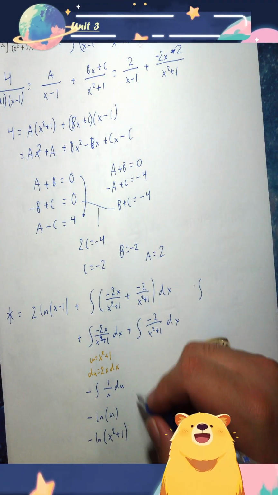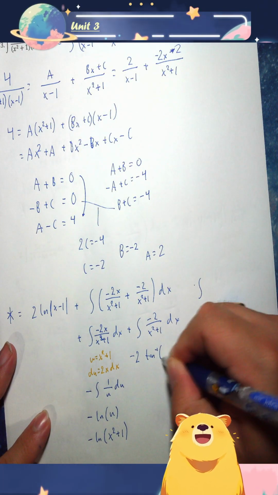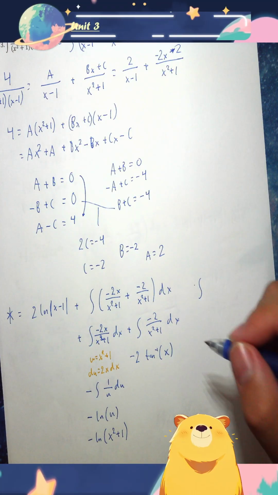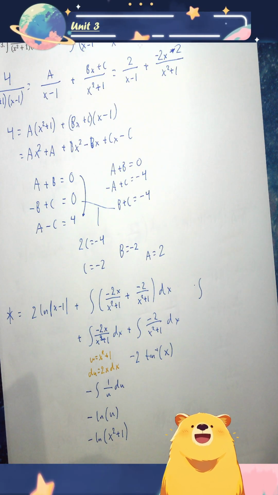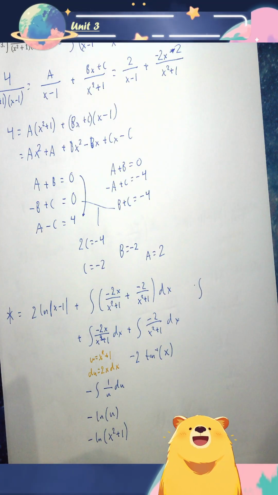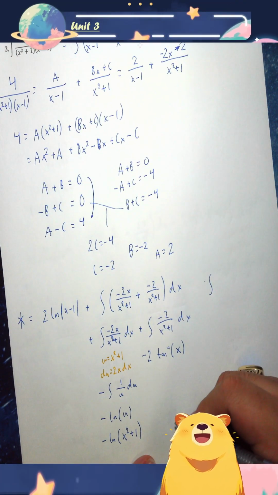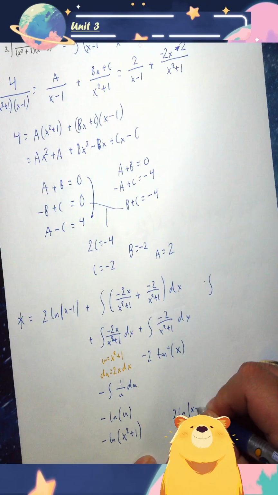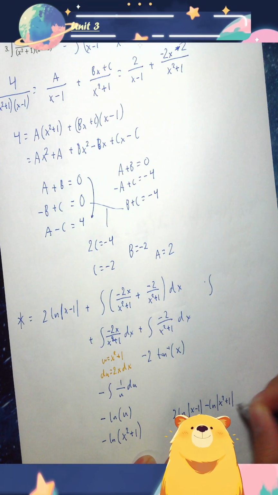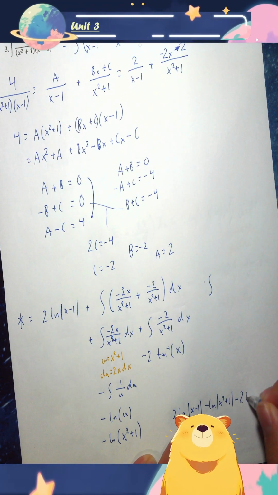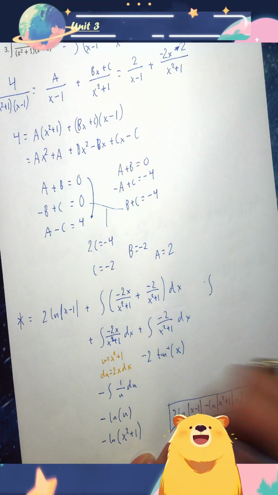So we have simply just -2 tangent inverse of x. And then the last final answer, I don't know why I just got the urge to double check. The last final answer is the addition of all these three. So 2 ln x minus 1 minus ln of x squared plus 1 minus 2 tangent inverse of x plus c. And that's going to be our final answer.